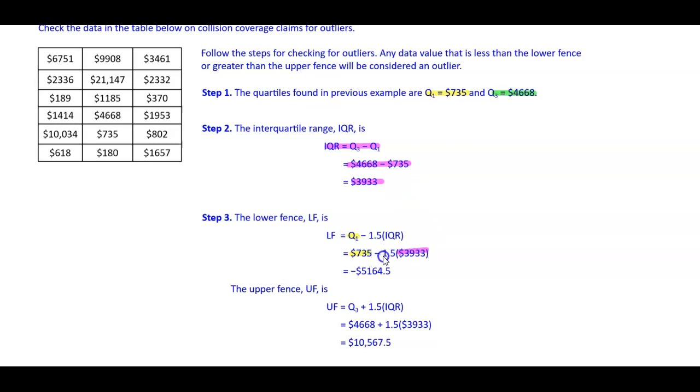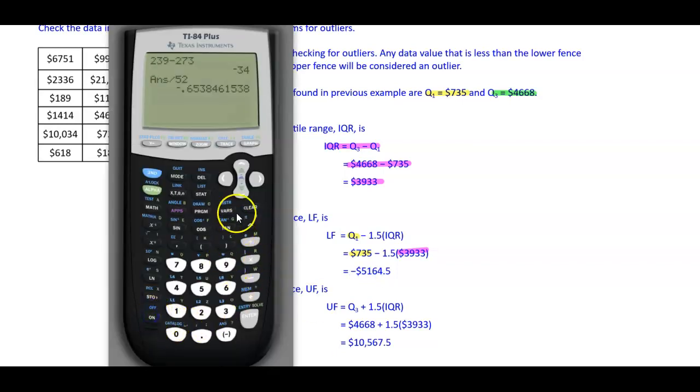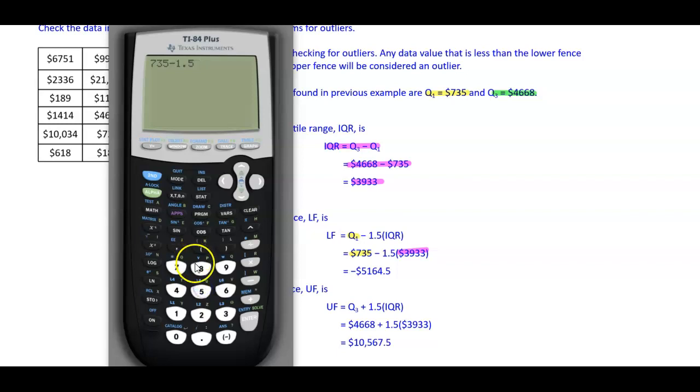We take 735 minus 1.5 times the interquartile range of 3,933, and that gives us negative 5,164.5.